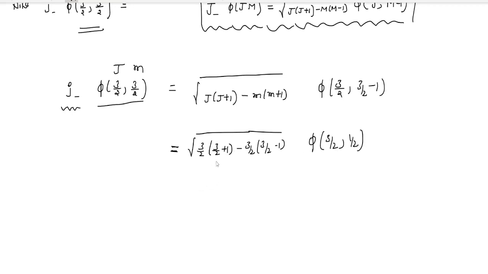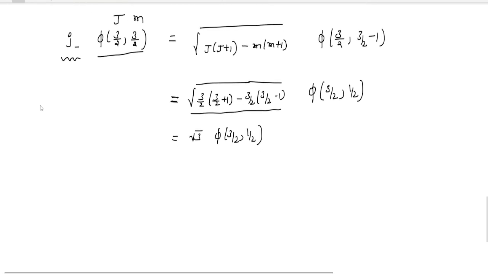By simplifying this equation, we got root 3. Simplify this one, definitely we get root 3. Then the remaining thing is psi 3 divided by 2 comma 1 divided by 2. So here I applied the J minus operator on this state.